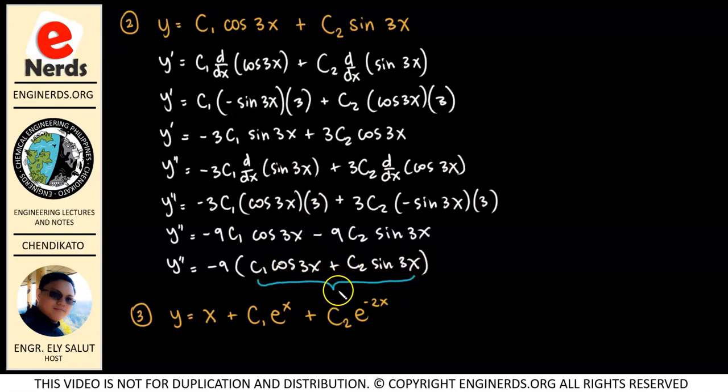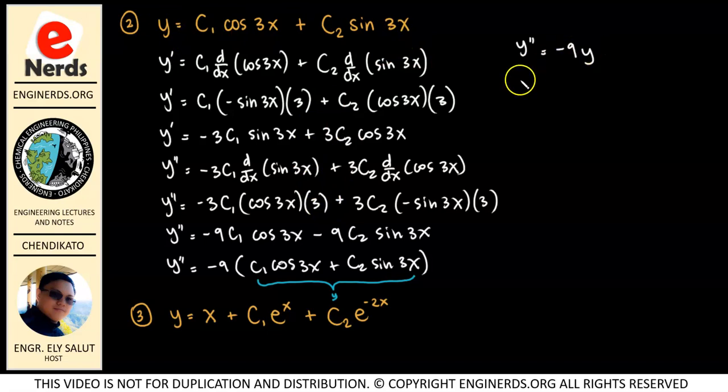So that means this is equal to y. Diba? So if that is equal to y, then that means we can substitute that dito sa ating equation. So we have y double prime is equal to negative 9y. Diba? Because this whole thing na nasa loob ng ating grouping symbol is equal to y. So we can substitute that.